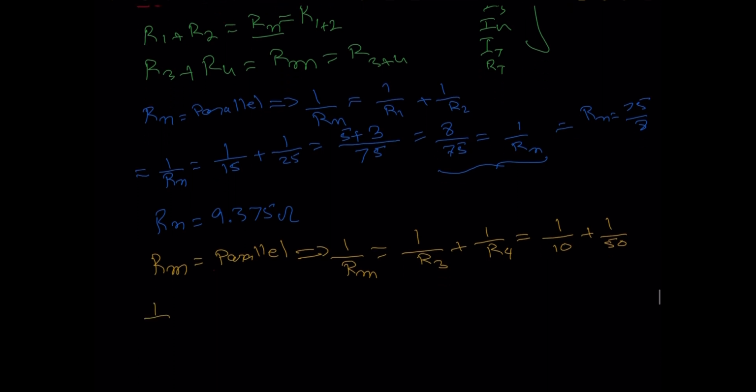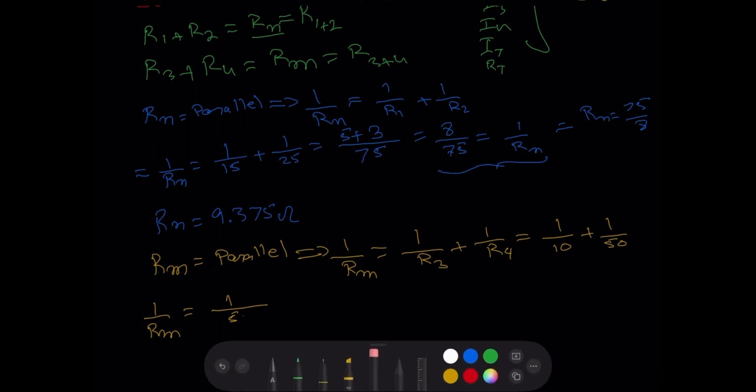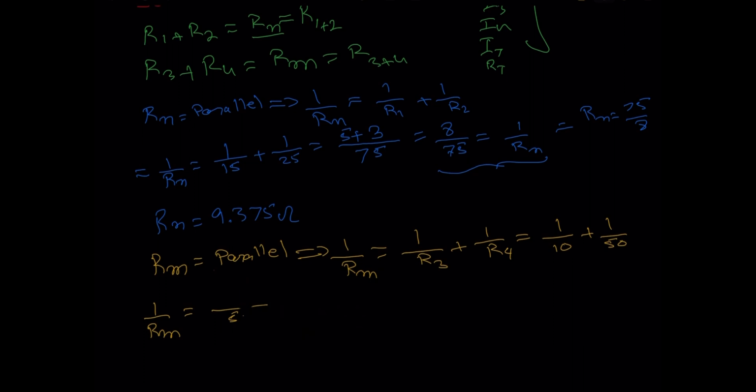The LCD will be 50. 50 divided by 10 is 5, 5 times 1 is 5, plus 50 divided by 50 is 1, 1 times 1 is 1. So it'll give me 6 over 50, which is equal to 1 over Rm.